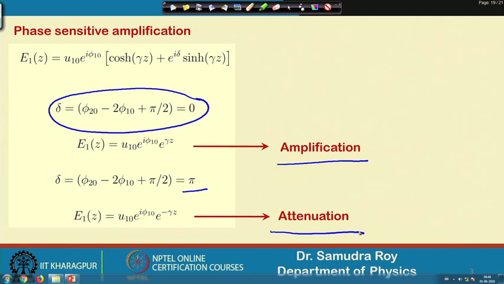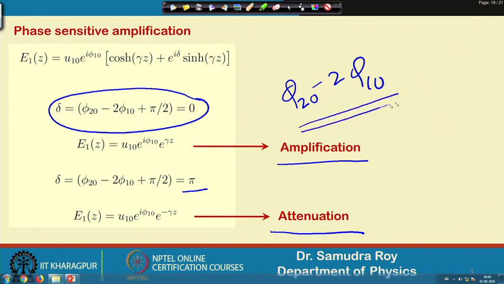Now, if we look very carefully at this term, phi 2 0 minus 2 phi 1 0, it is not a very new term, because we have already found this phase when we were calculating something related to this.